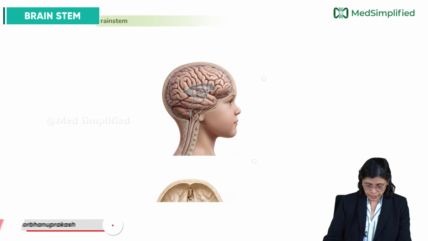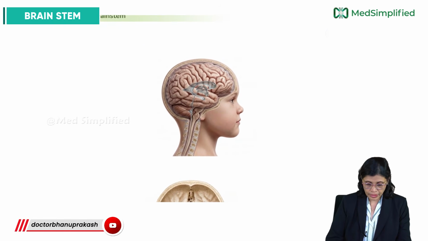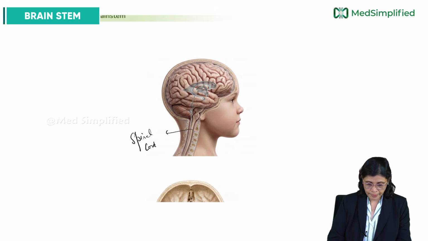The medulla becomes continuous with the spinal cord below, and above it is continuous with the forebrain, that is the cerebrum.